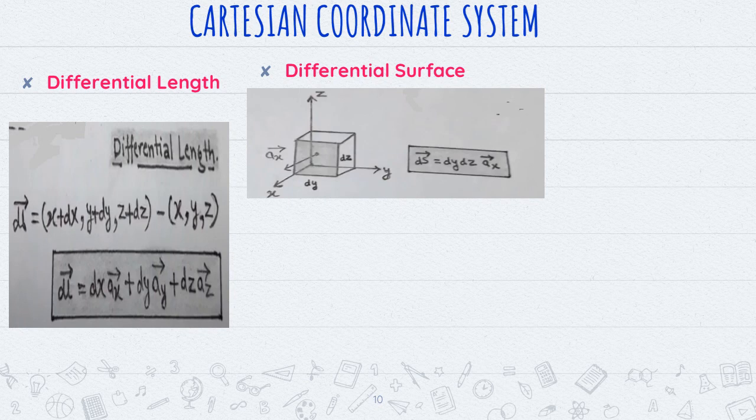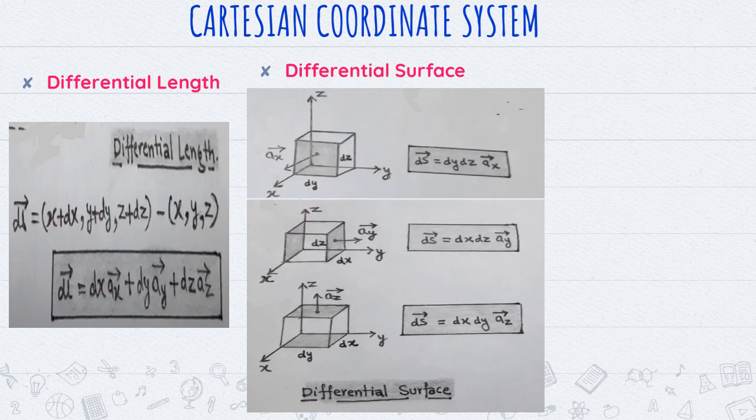Viewers, you can guess what the formula for ay vector and az vector is. The formula for ay vector is given by, see here in the second diagram, the ay vector is along the y direction, this y is changing, whereas x and z are constant. That means y is perpendicular to the x direction as well as the z direction.